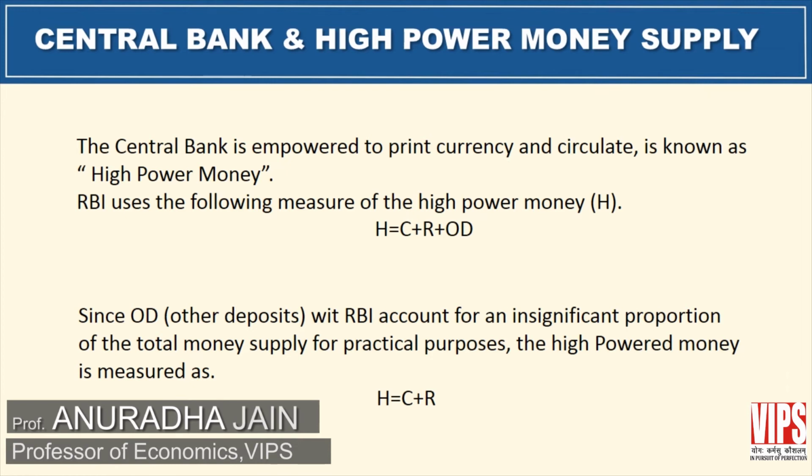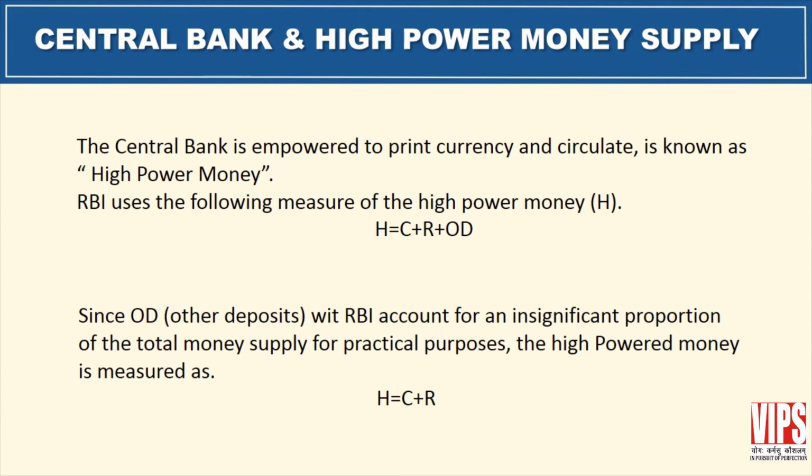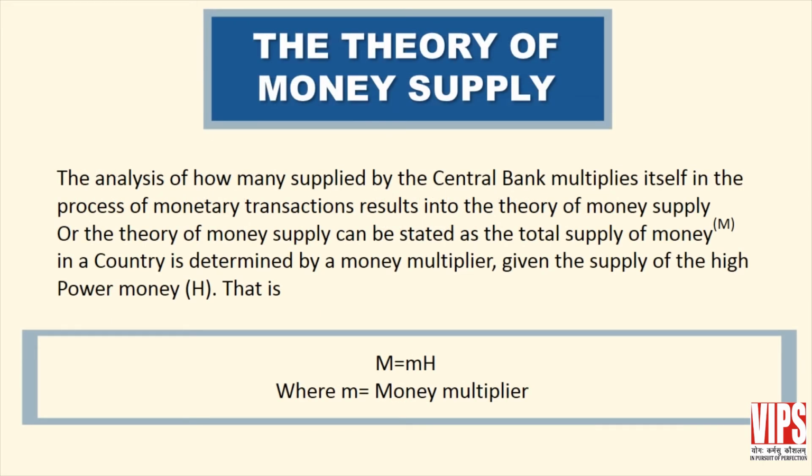But since other deposits with RBI account for a very insignificant proportion of the total money supply, for practical purposes high powered money is measured as H = C + R, and we ignore the other deposits. The theory of money supply deals with how this high powered money gets multiplied and how total money supply is determined in the economy.